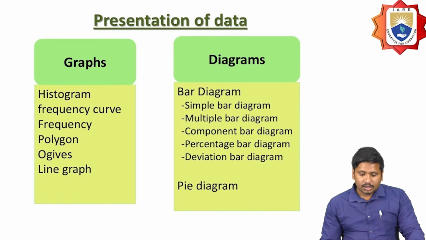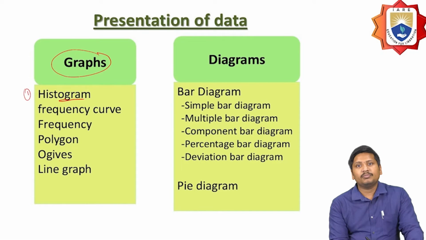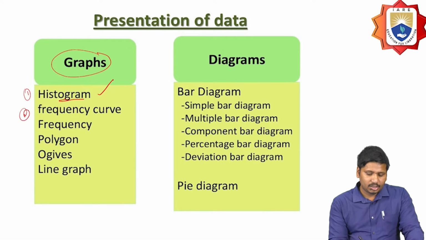Let me show what different types of graphs and diagrams we have for presenting data. For graphs, the first is the histogram, then the frequency curve, the frequency polygon is the third, the ogive is the fourth, and the line graph.